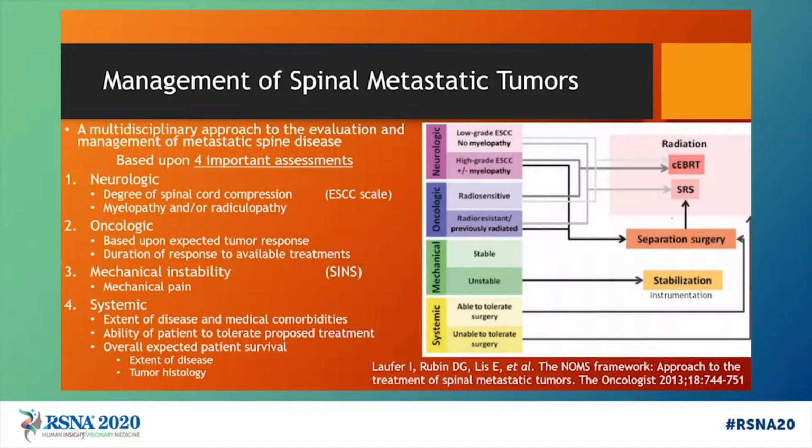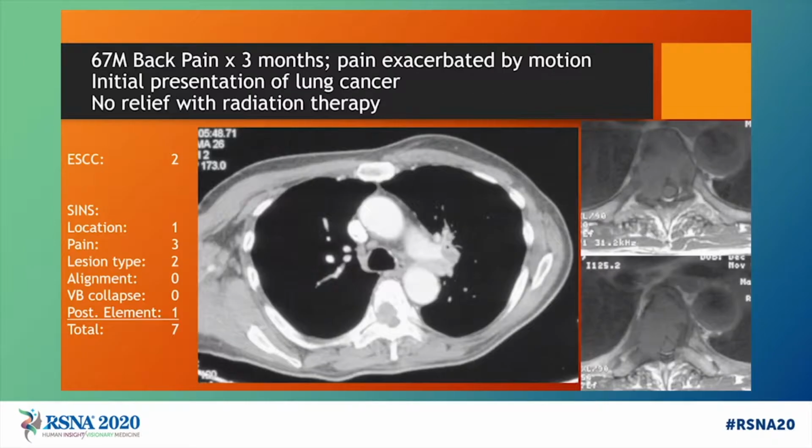This gentleman presented with 3 months of mechanical back pain, which did not respond to radiation therapy. The axial CT image of the chest with contrast and the MRI axial images show an epidural spinal cord compression scale of 2. If we look at his SINS score, it's 7.